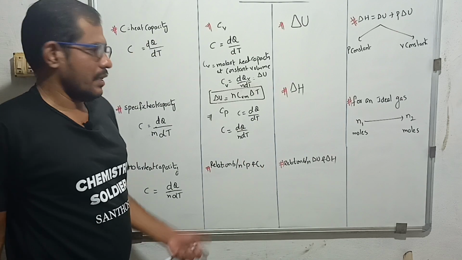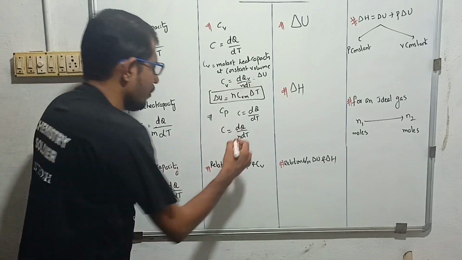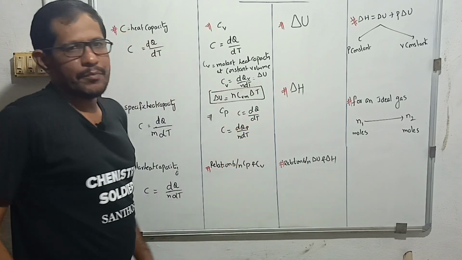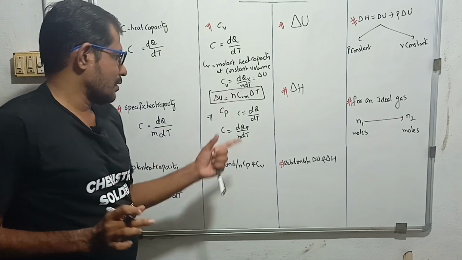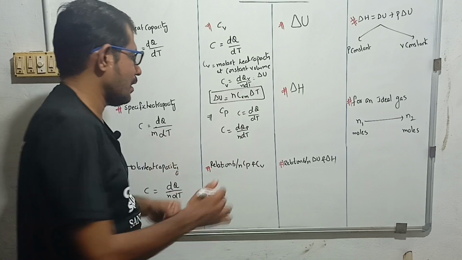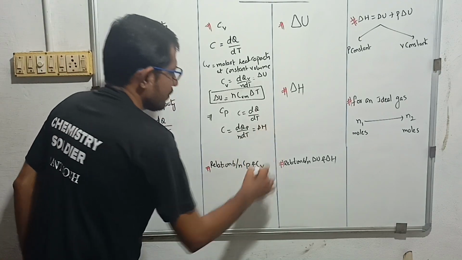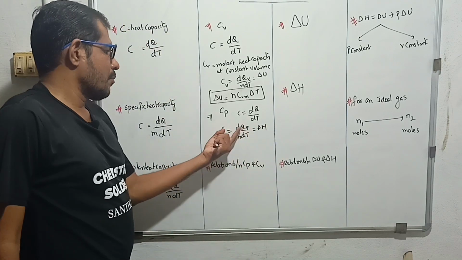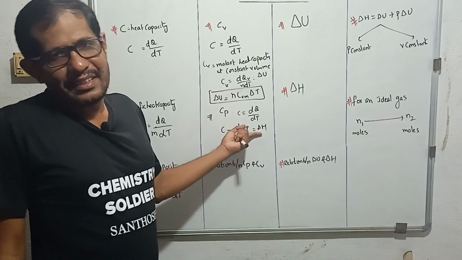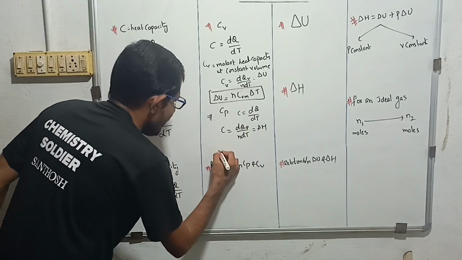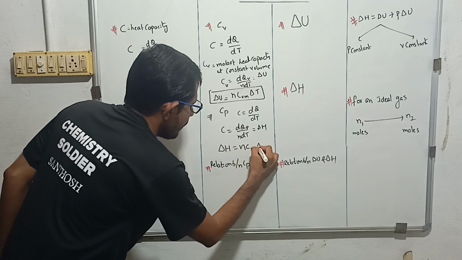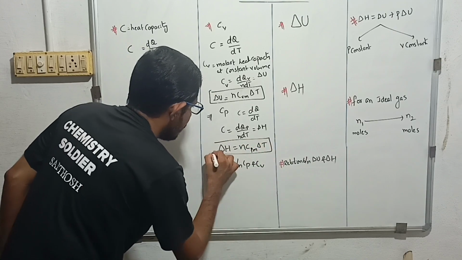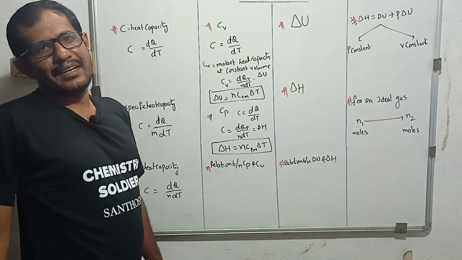In place of dq we will put dqp, because it is the change in heat at constant pressure, which is the change in enthalpy, delta H. If you rearrange the equation, delta H equals n CPM into delta T.